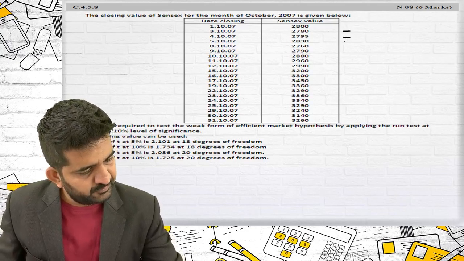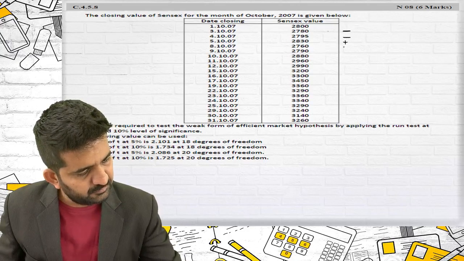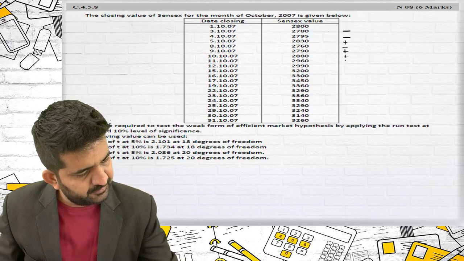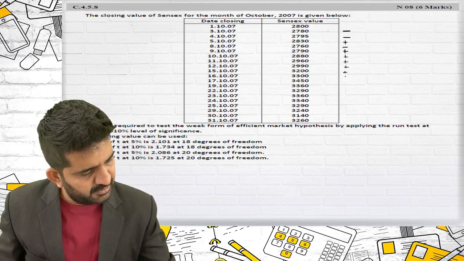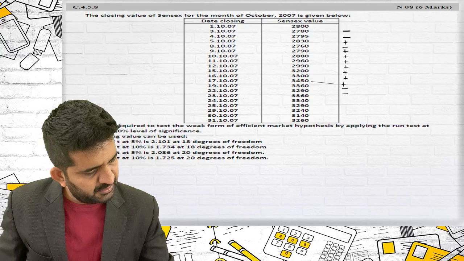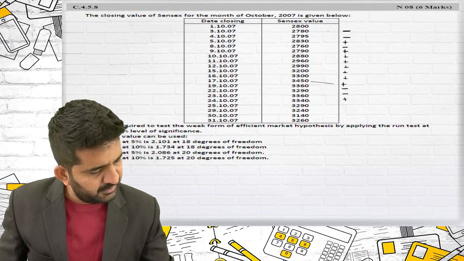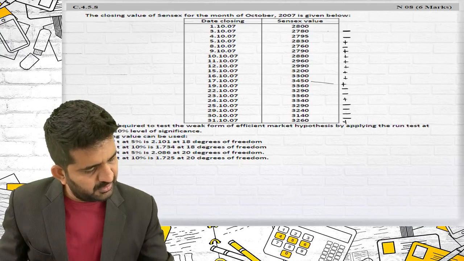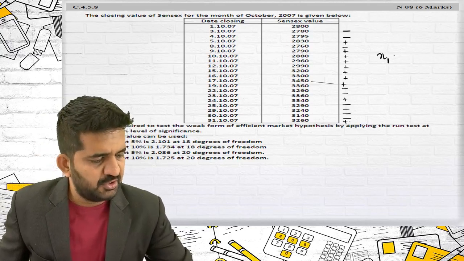Then it has decreased, then it has increased, decreased, increased, increased, increased, increased. 3200 increased, 3300 increased, 3450 increased, 3360 decreased, 3290 decreased, 3360 increased, 3340 decreased, 3290 decreased, 3240 decreased, 3140 decreased, 3260 increased.